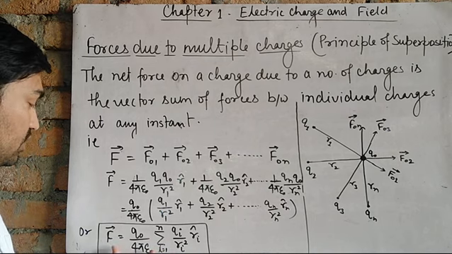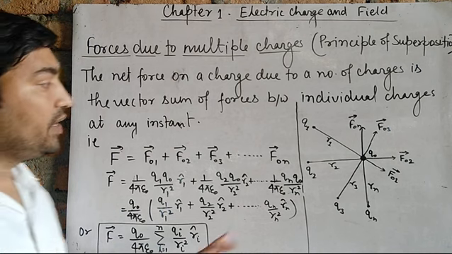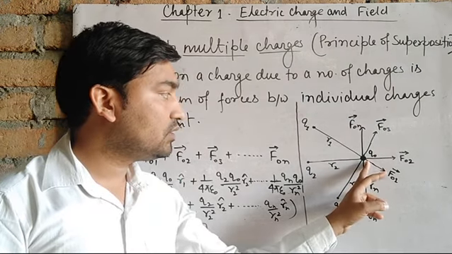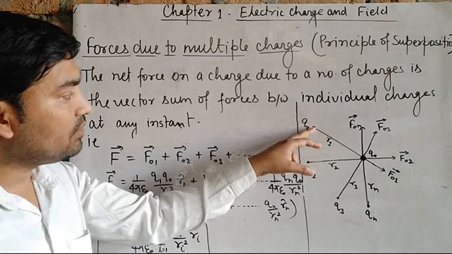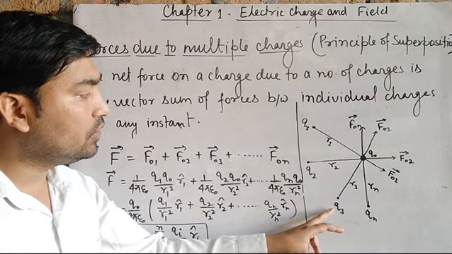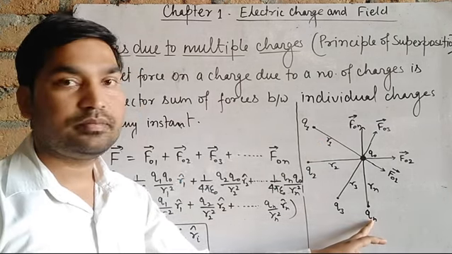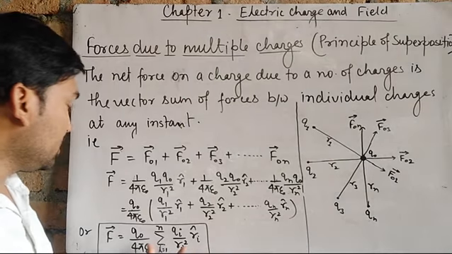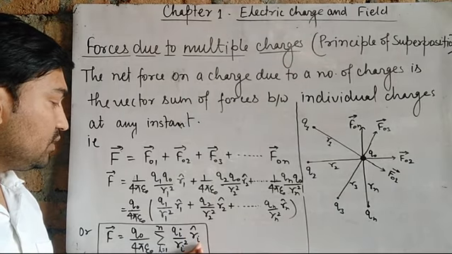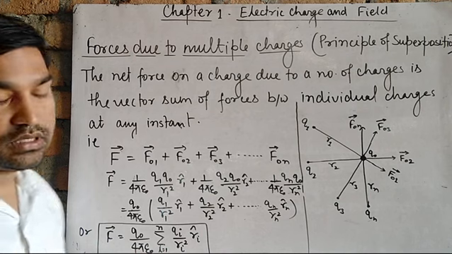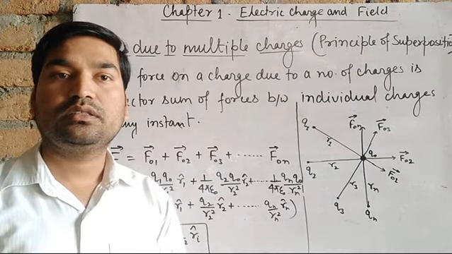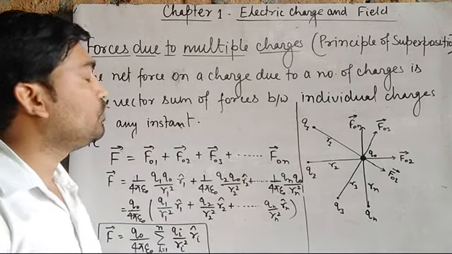This is the net force experienced by the charge Q0 due to a number of charges Q1, Q2, Q3 and so on up to Qn. The direction of this resultant is represented by the resultant unit vector.